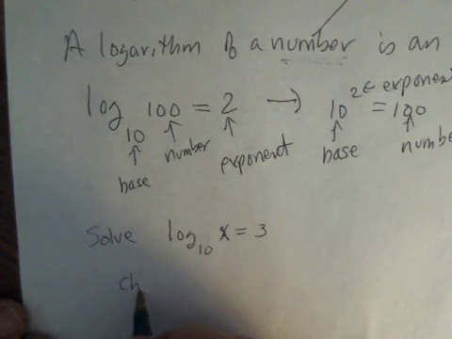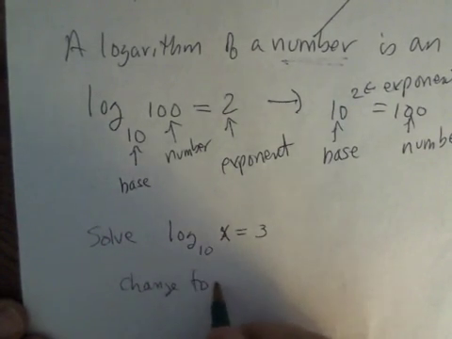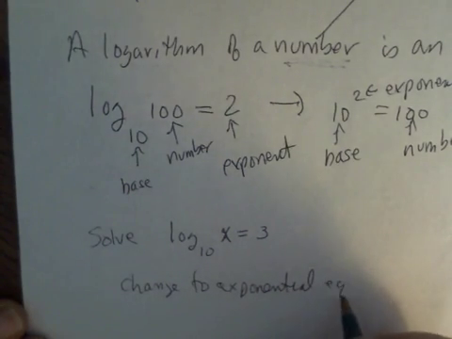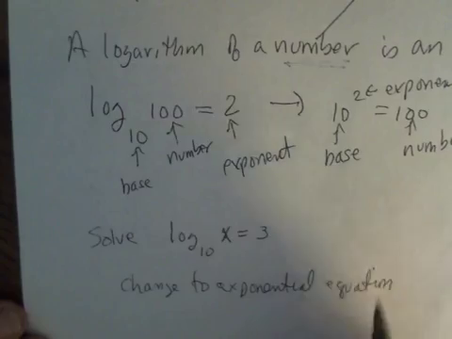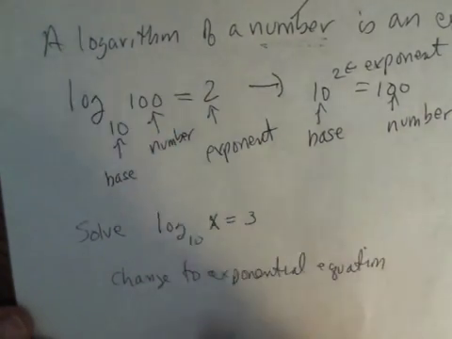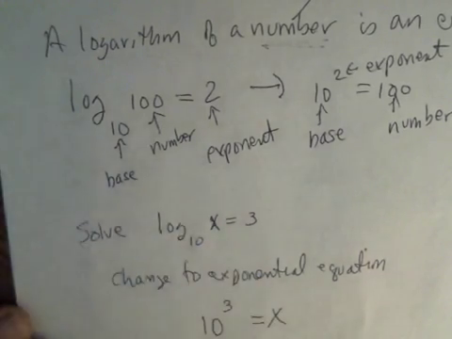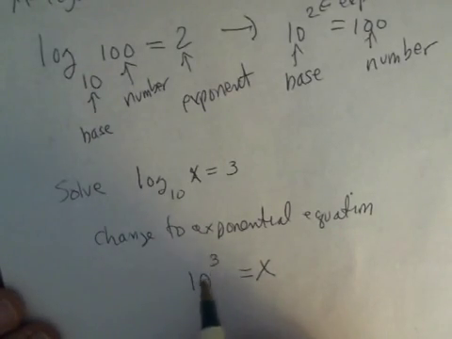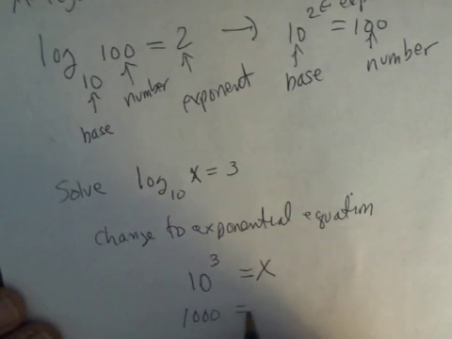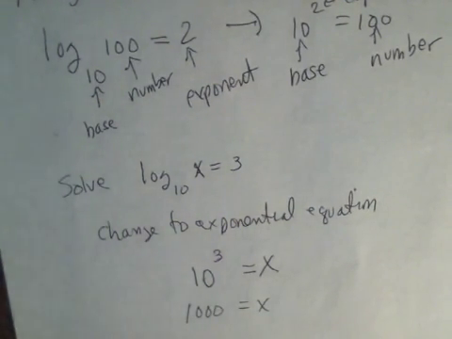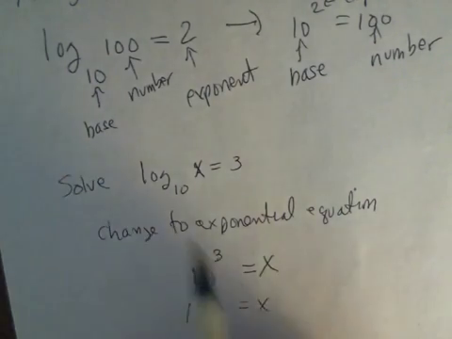Well, I change to the exponential form, where I know that 10 is my base, 3 is my exponent, x is my number. Then I can put that into my calculator to get x is 1,000. So that's what you need to do to solve for logarithms.